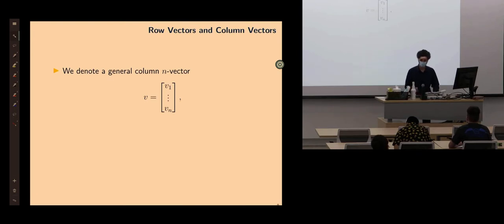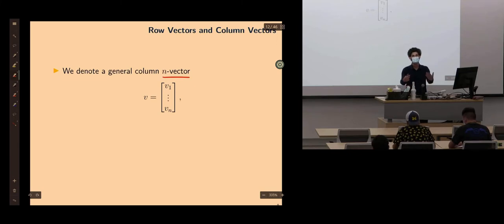So how about if we have an n vector, right? It's usually not the case that in a general context we want to specify a particular number of points.